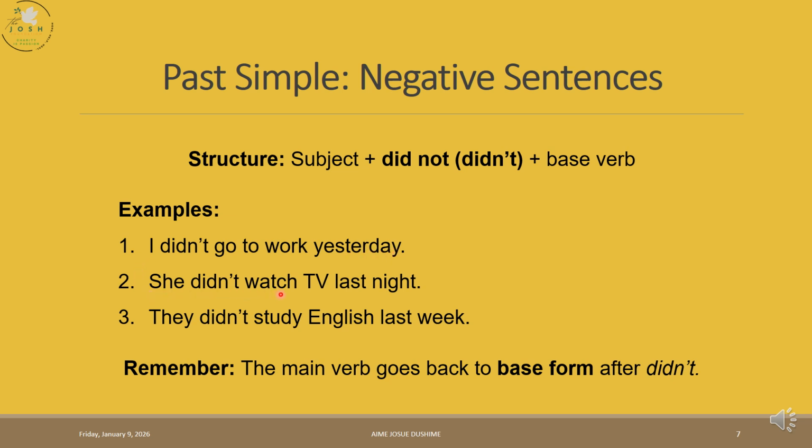She didn't watch TV last night. They didn't study English last week. The main verb goes to base form after didn't. After putting didn't, the V2 you had in the positive changes into a V1. We have changed the auxiliary into a past form, so we don't need to change also the verb.